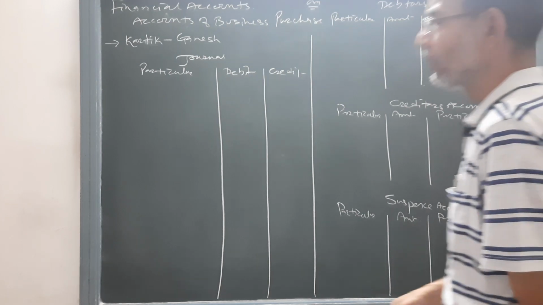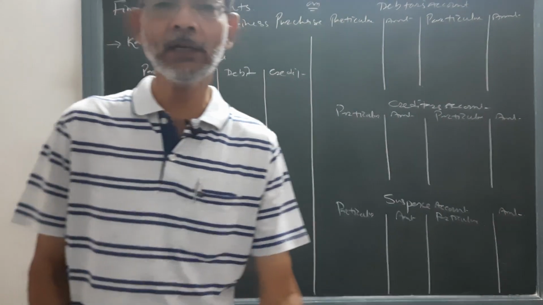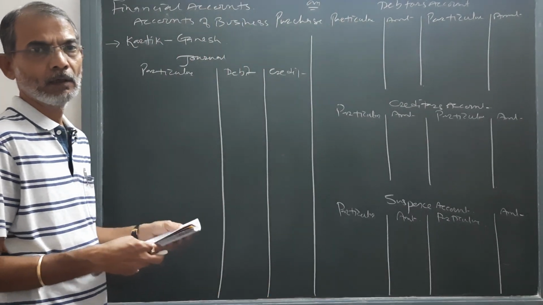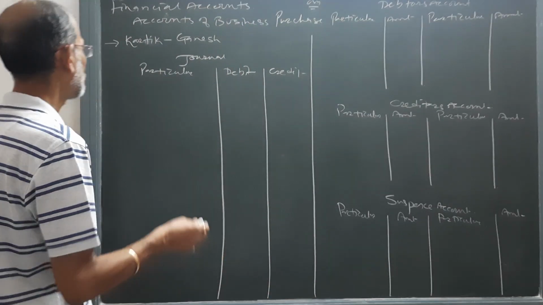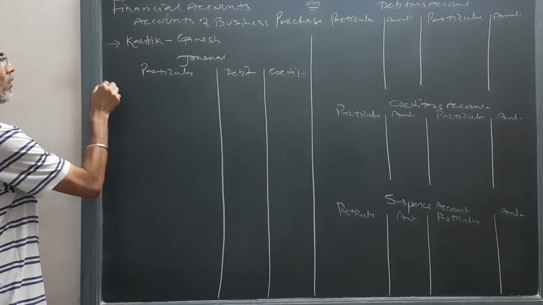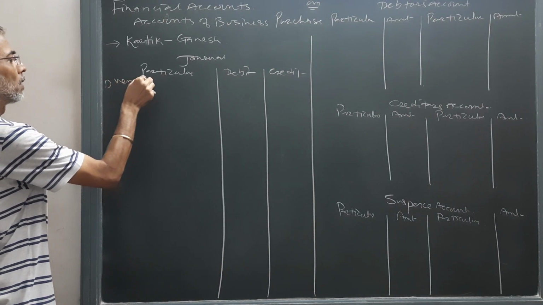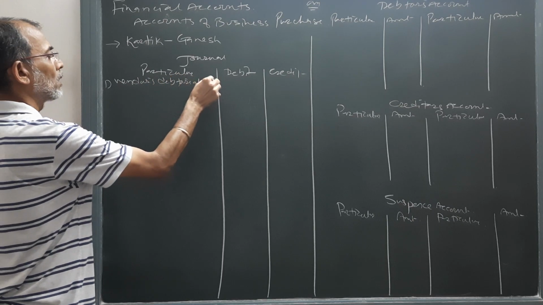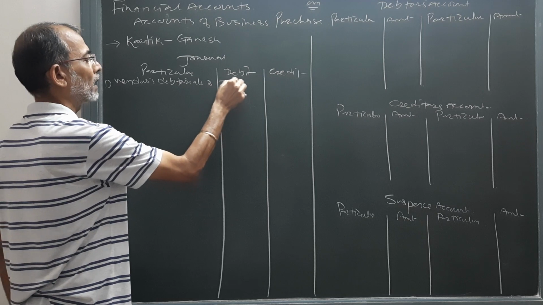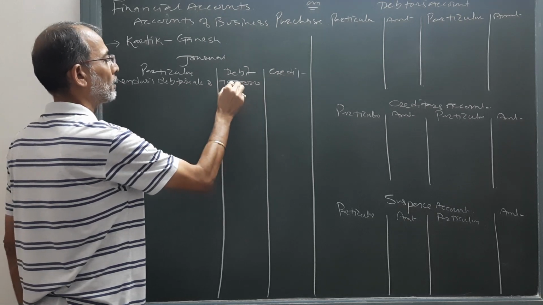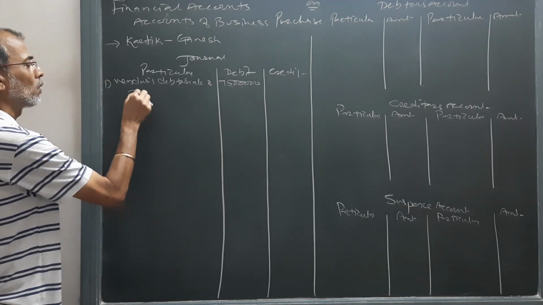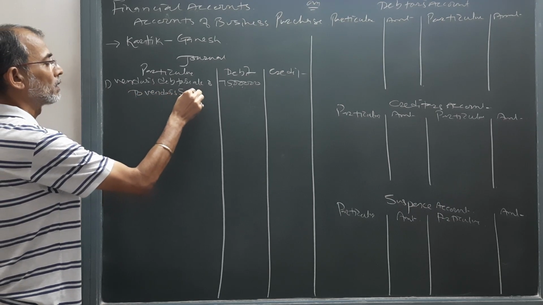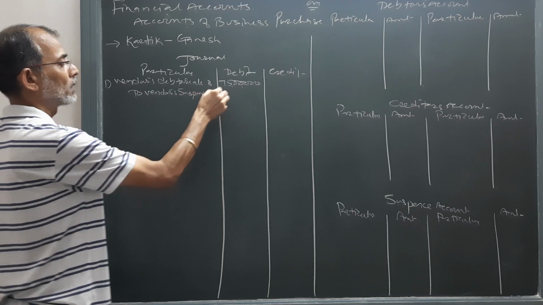Now the first entry will be of debtors. The company had not taken the debtors, so debtors of 75 lakh will be debited and suspense account will be credited. So the first entry will be vendor's debtors account debit 75 lakh to vendor's suspense account.